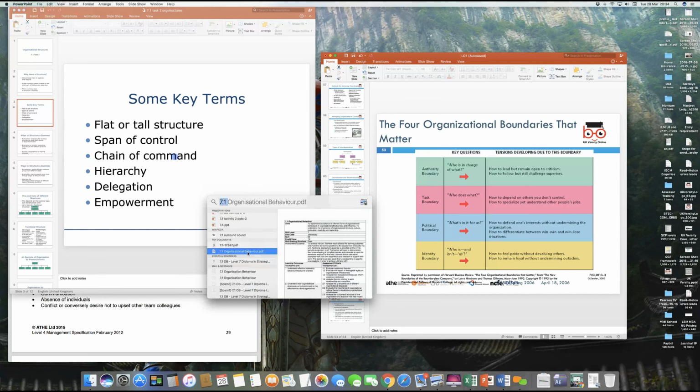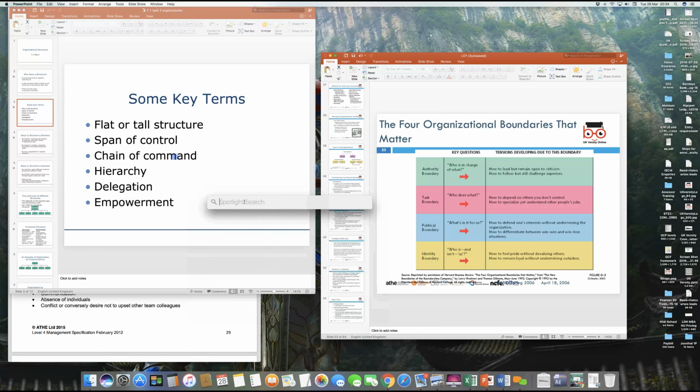Essentially, the reason organizations have this kind of structure is to make the operations more effective, to make the day-to-day activities more achievable.